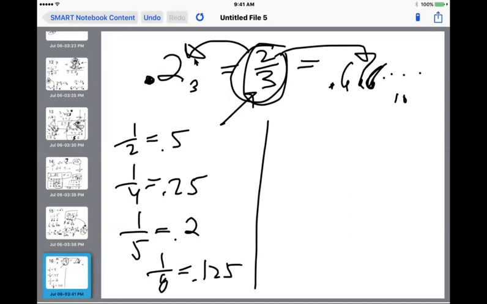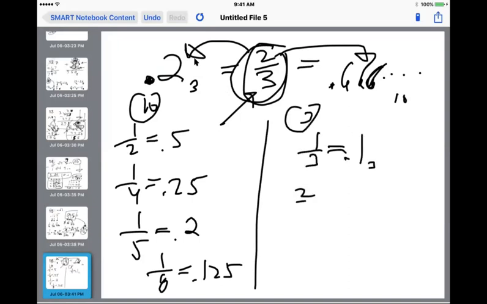But in base 3, 1/3 is 0.1 and 2/3 is 0.2. But in base 3, 1/2 is going to be a confusing thing.